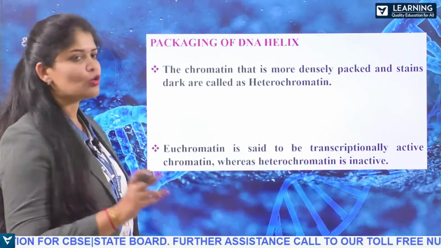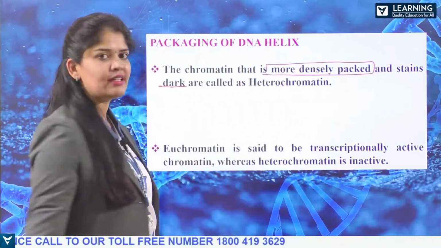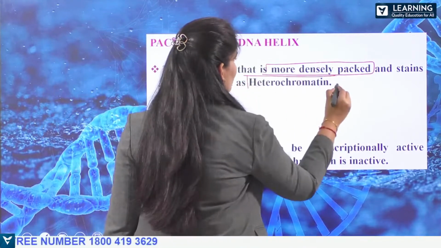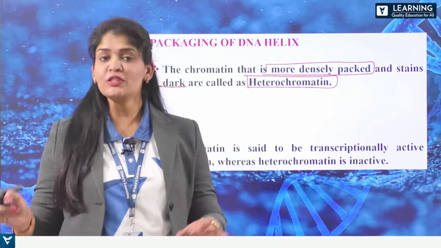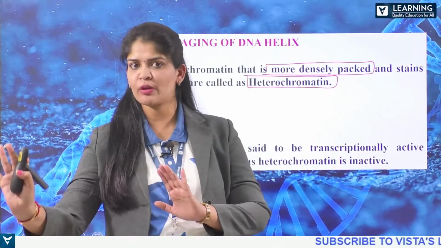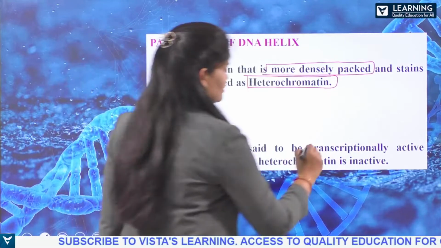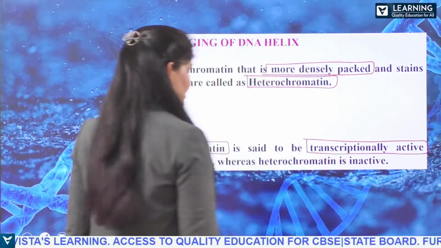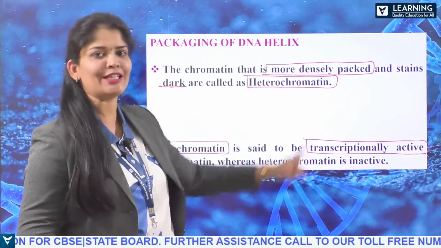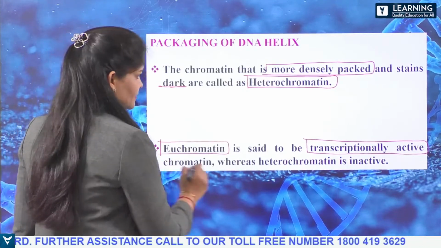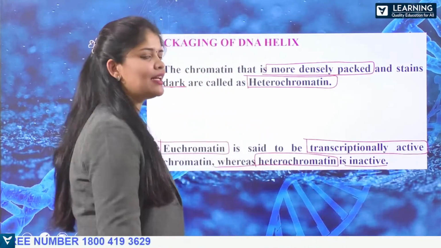Let's understand. The chromatin that is more densely packed and which stains dark in color, those regions we call heterochromatin. See, heterochromatin is densely packed, dark stained. Euchromatin is loosely packed, light stained. That is the difference between the euchromatin region and heterochromatin regions. Euchromatin is transcriptionally active, whereas heterochromatin is transcriptionally inactive.